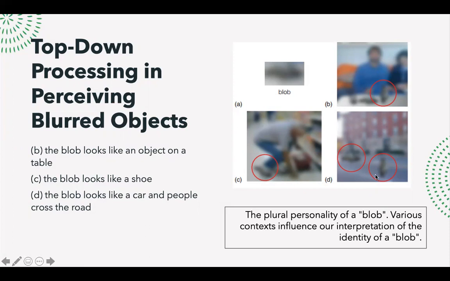So we perceive the blob as different objects because of our knowledge of the kinds of objects that are likely to be found in different types of scenes. The human advantage over computers is therefore due in part to the additional top-down knowledge available to humans.